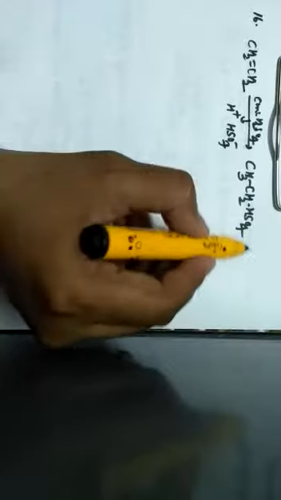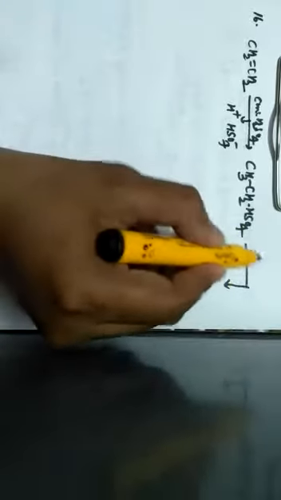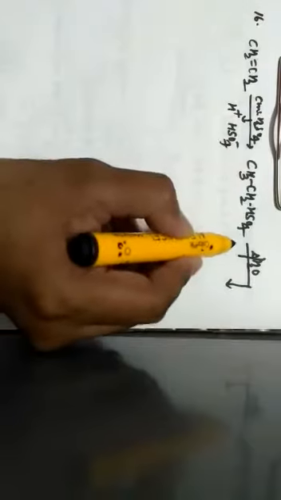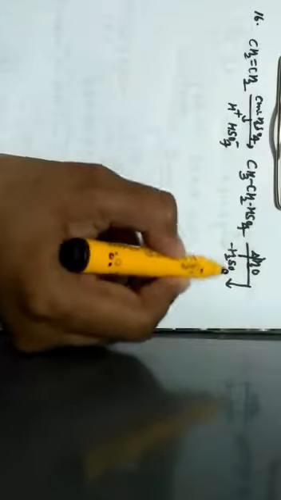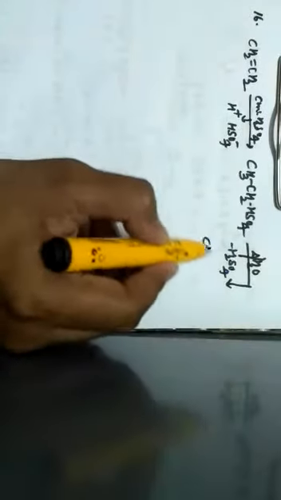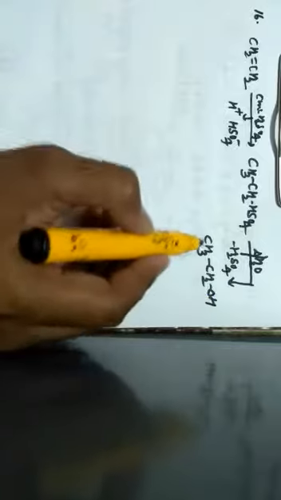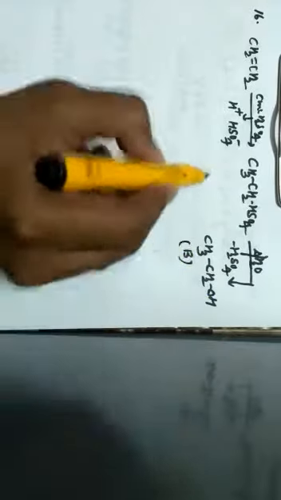Further, this A has to be subjected to hydrolysis upon heating. When it is subjected to hydrolysis, H2SO4 gets eliminated, and again we are getting CH3CH2OH, which is nothing but ethyl alcohol, which is given by B.